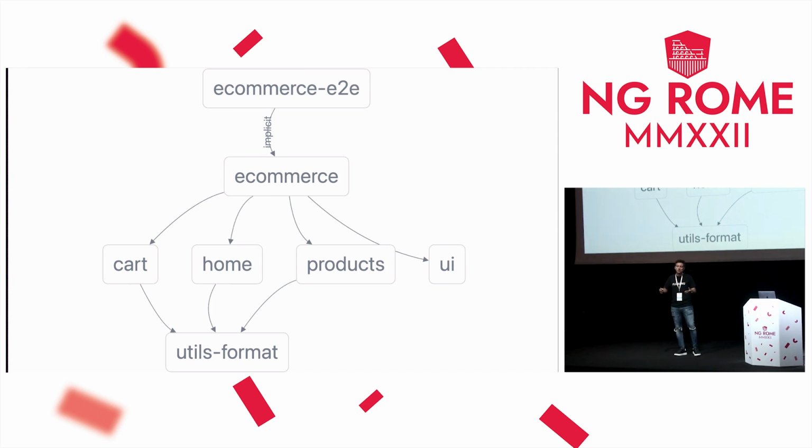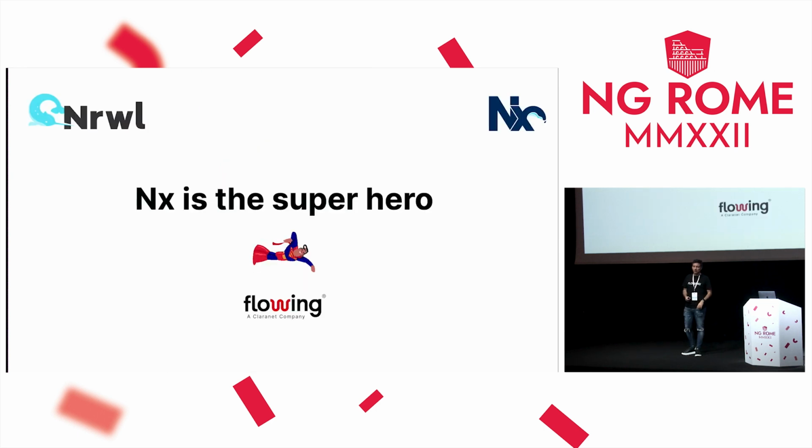And our mind saves this information better than thousands of words. Okay, but how can we build this picture? Because if you have to maintain this picture every time you change your code base, it is impossible. The response to this question is NX.